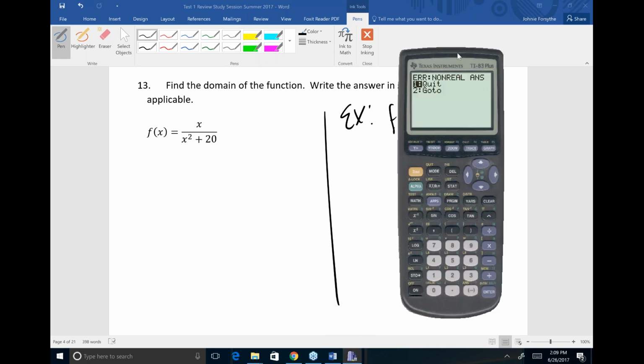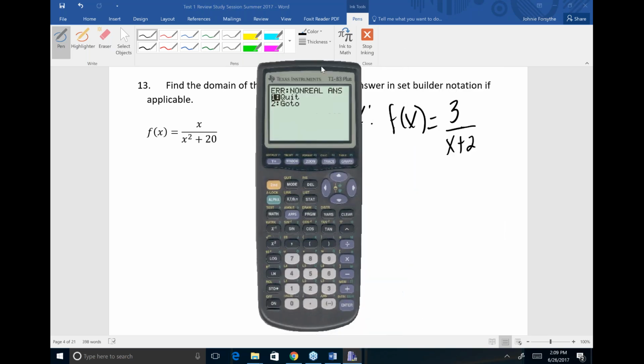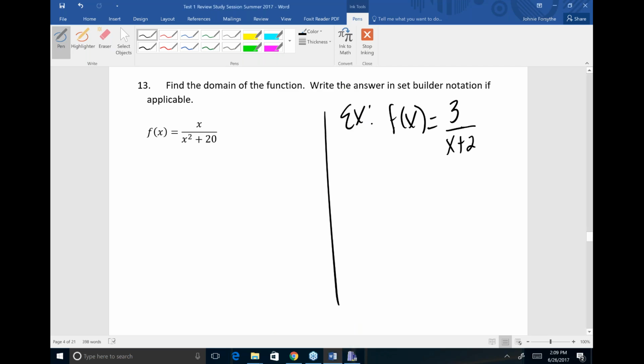If you don't believe me, let's look here. If I were to say 3 divided by 0, that is not 0. That's something that's undefined. Okay? So my domain can be all of the x values in the real number system except anything that will cause the bottom to be 0. So to find what those values would be, set the bottom equal to 0.